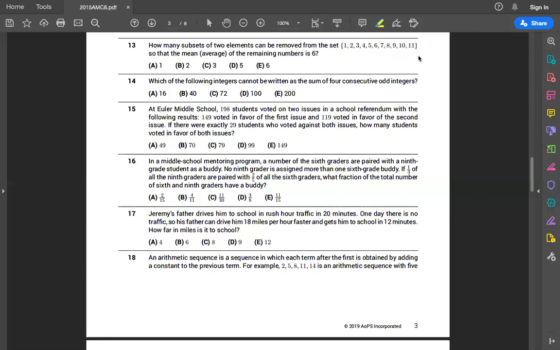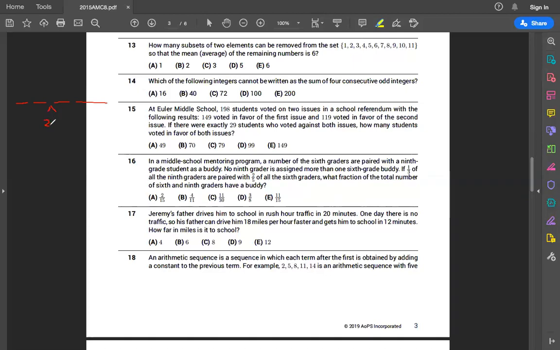Question 14. We want to know which of the following integers can't be written as the sum of 4 consecutive odd integers. So 4 consecutive odd integers. We can imagine that they're all surrounding one even integer.